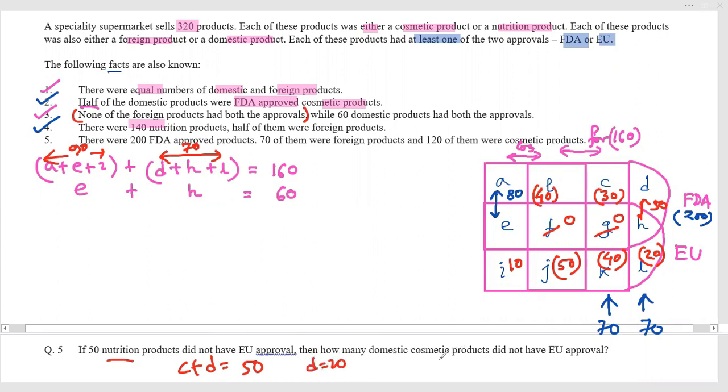Then how many domestic cosmetic products did not have EU approval? That means talking about A, how much? If D is equal to 20, then H would be equal to 30 because these two are 50. H is 30, that means E will be equal to 30. E 30 means A will be equal to 50. And A is required, so the answer is 50.